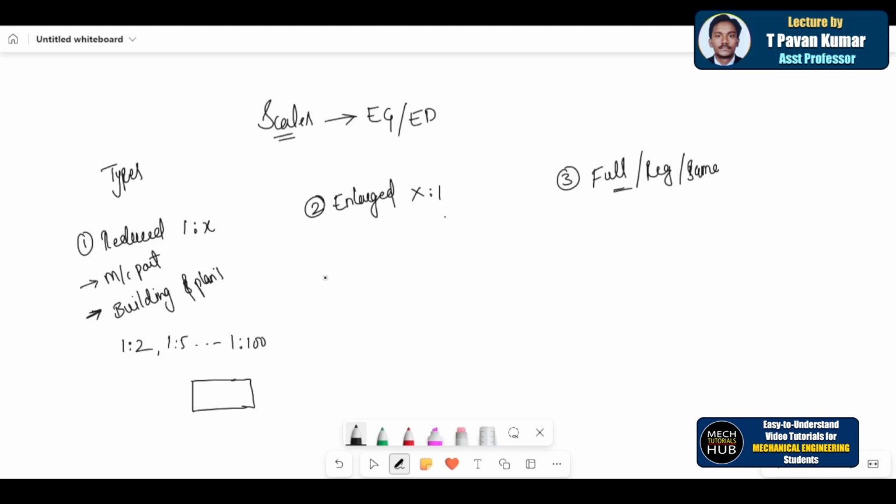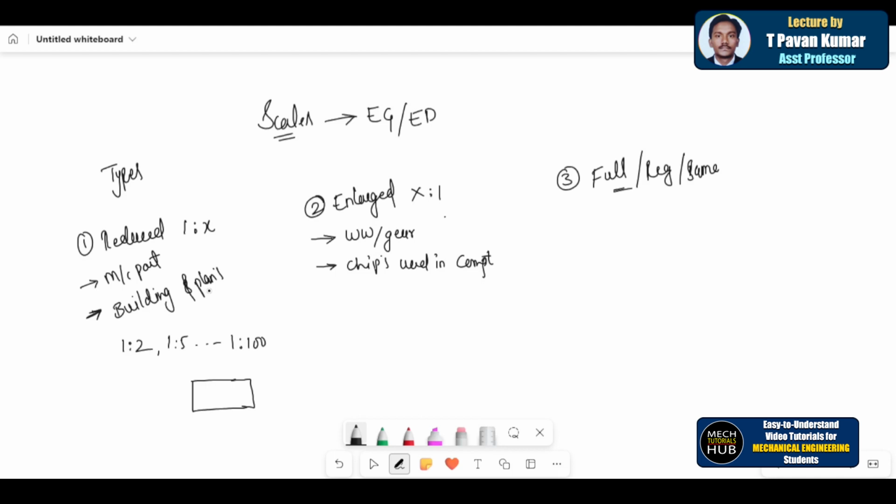That means small or very tiny components like wristwatches, small gears. I'll just write down the examples. Wristwatches, or small gears which are used in watches and some other components, or chips used in computers. All these are very small, minute components, which if I draw or show on a sheet of paper, look very small.